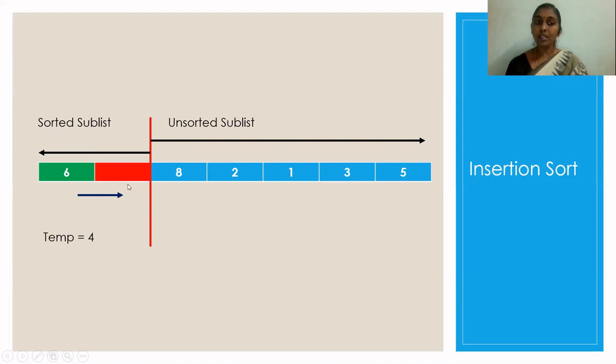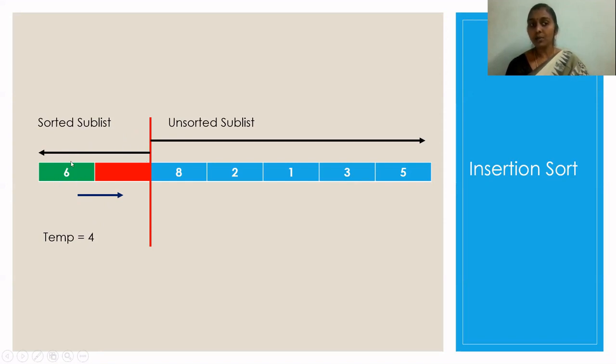The next thing that we have to do is find the correct location to place the element in the temp variable. How to find the correct place for this temporary variable? We need to compare the value in this variable temp, number 4, with each one of the elements starting from the right end and moving towards the left end.